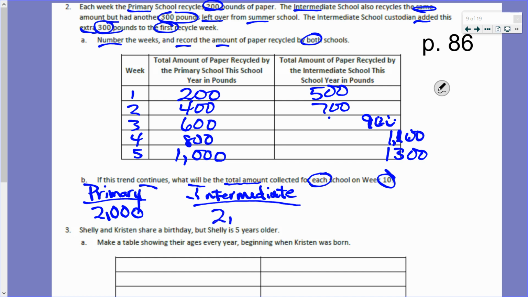Miles said it was wrong. Well, let's look. Is it wrong? So 5, I did 1,000. 10, I did 2,000. Doubled it, right? 5, I did 1,300. 10, I did 2,300. It's wrong.